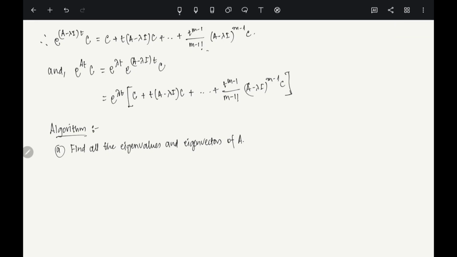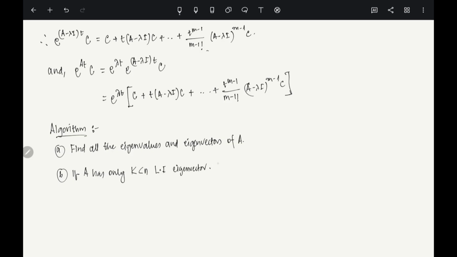If so, basically number B. If A has only, let's say, k which is less than n linearly independent eigenvectors, then what happens?